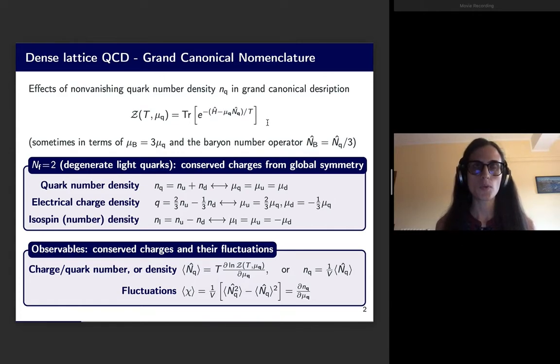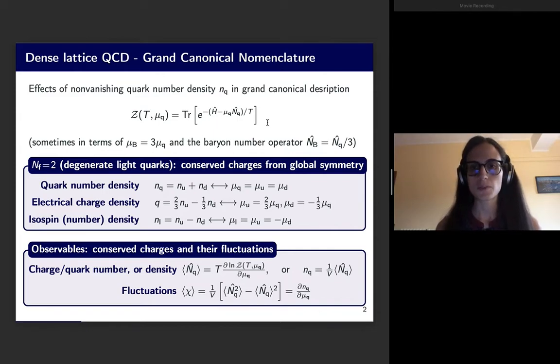Okay, and we need to keep in mind in all this treatment in the grand canonical description that, for example, in the case of N_f equal to two degenerate light quarks, we have conserved charges from global symmetries of the theory, such as the quark number density, defined as the sum of the densities of up and down quarks, and electrical charge density, which we call Q. That's a combination of the up and down density that takes into account the different charges of the constituent quarks, and the isospin number density, where instead you subtract the density of the down quarks, for example, from the density of the up quarks.